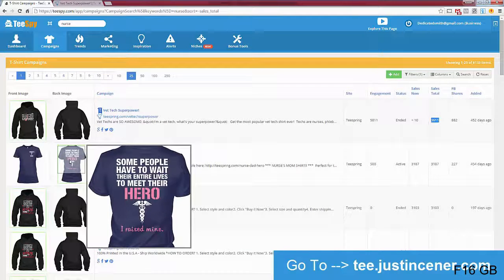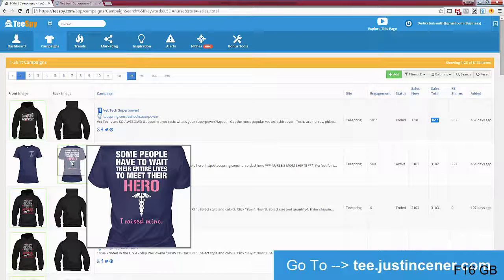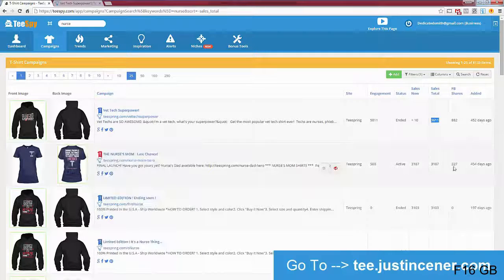But what if you just change this and you change that little nursing logo to anything? How about policeman, right? Change it to some graphic related to policeman or fireman or military or even sports related, right? You could see this saying and this idea of this T-shirt clearly resonates with people. It's got close to 3,200 sold.